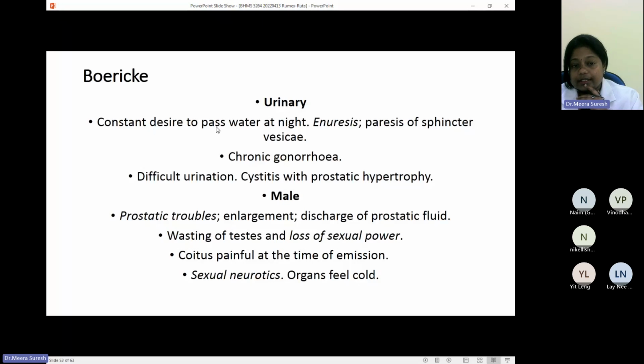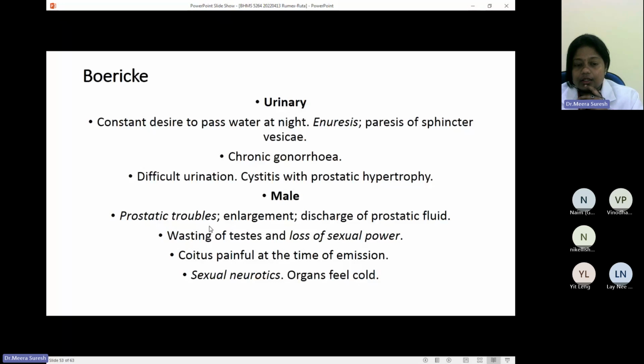There is a constant desire to pass urine at night. It can be enuresis due to paralysis of the sphincter vesicae, chronic gonorrhea, cystitis with prostatic hypertrophy. All the clinical symptoms related to prostatic complaints, cystitis, and enuresis are there.